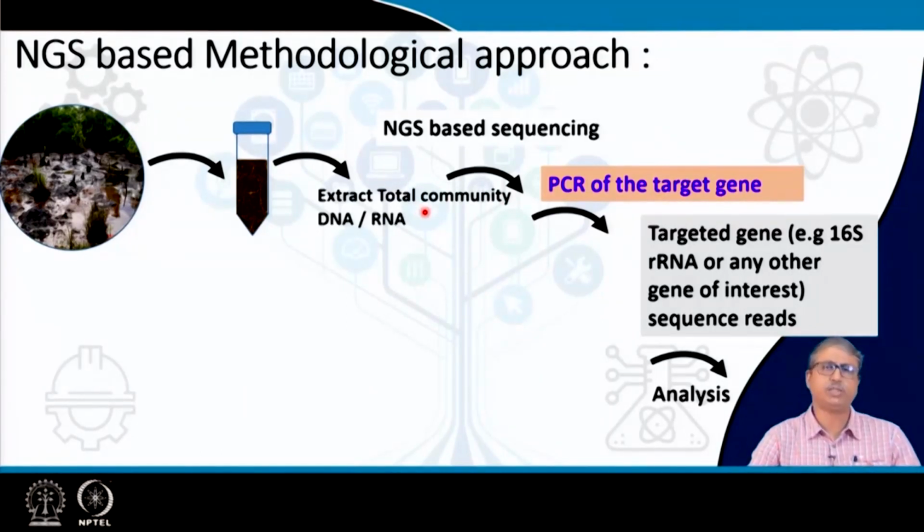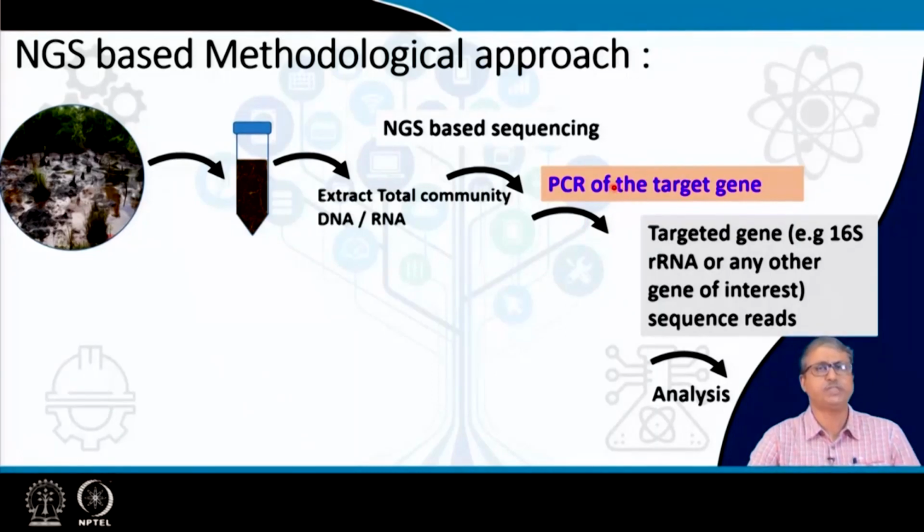Suppose it is a wastewater treatment plant, or an activated sludge, or a microbially enhanced phosphorus recovery plant. We were all the time focusing on a set of organisms that we knew were responsible for this process.